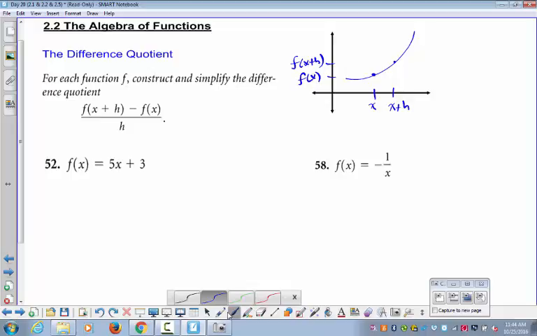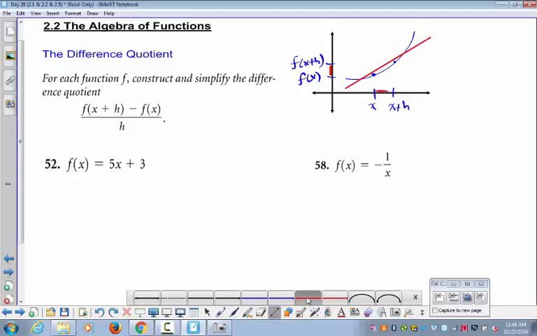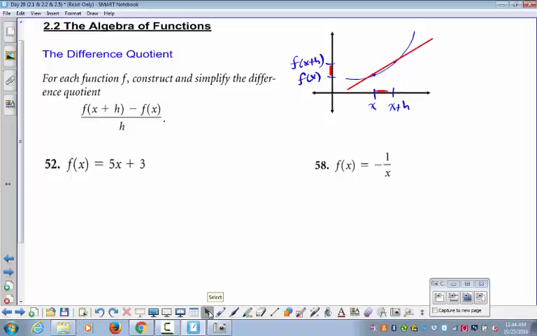So f of x plus h minus f of x is figuring out a difference in y values. And then h is the difference in x values right there. Right? So what that's finding is the slope of the line through those 2 points. That's generally referred to as a secant line. Does everybody see that? Change in y over change in x. That's all that slope is.